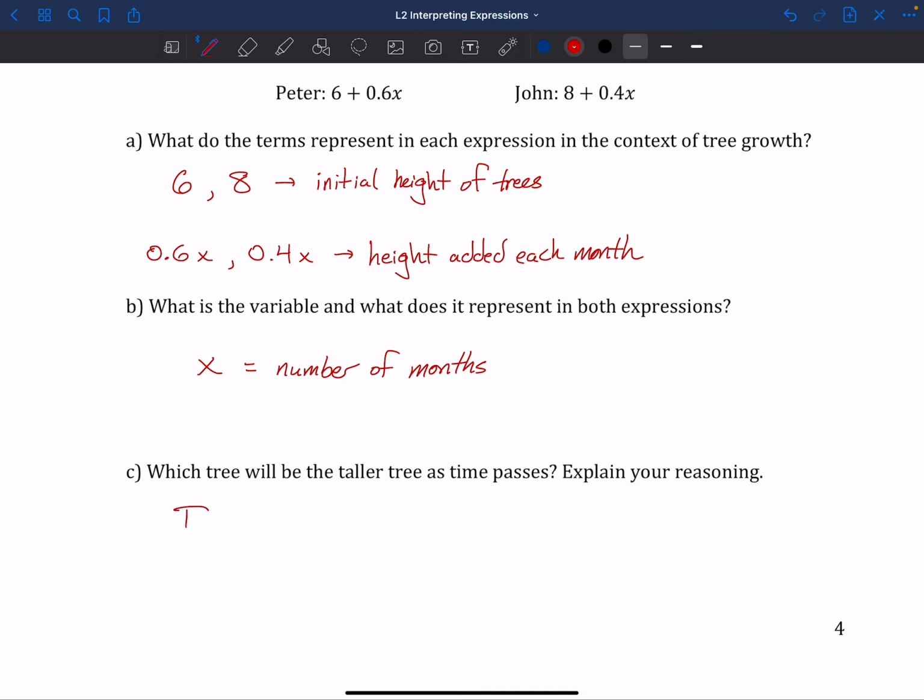So I'm going to say that Peter's tree will win because it's growing faster. We're really looking at that rate of change to figure out what's going on here. It's this 0.6 that really put Peter's tree ahead of John's tree, which is only growing 0.4 every month.